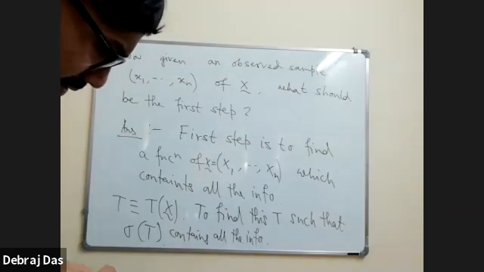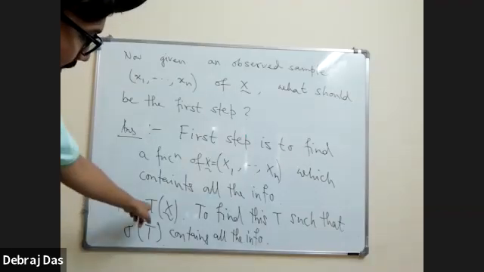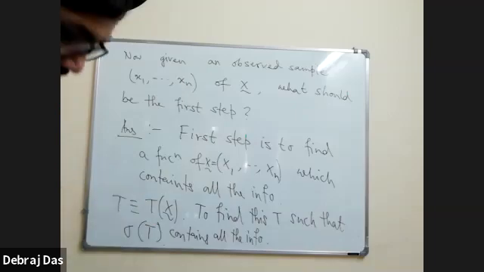Excuse me, sir. What do you mean by the sigma algebra generated by a function? Do you mean the range or image of the function? No. So this T is again a random variable, or random vector, right? So T inverse of Borel sets, basically.